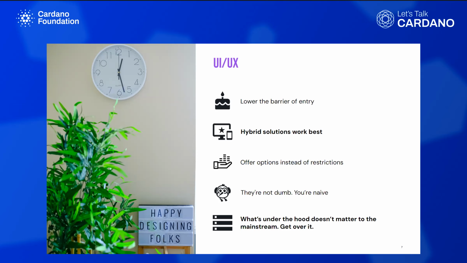This leads me to my next point: offer options instead of restrictions. Don't say you can only pay in crypto for this asset, or you can only trade it on this one platform. This is gold, but you can only trade it this one way, and no further.